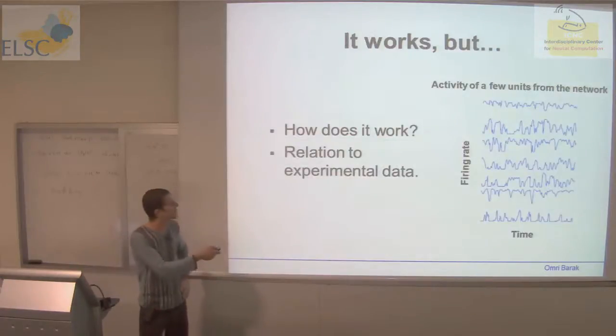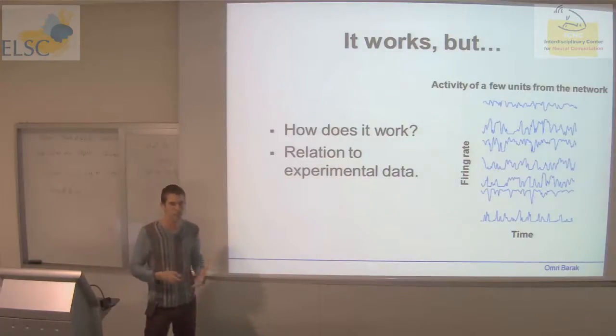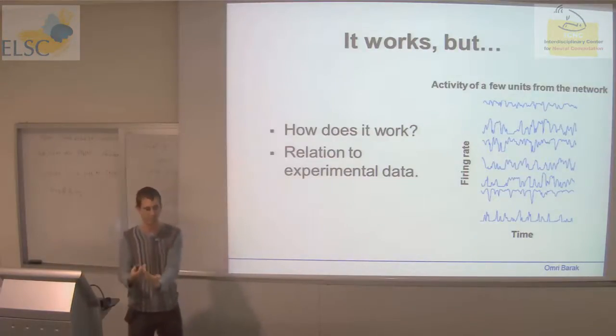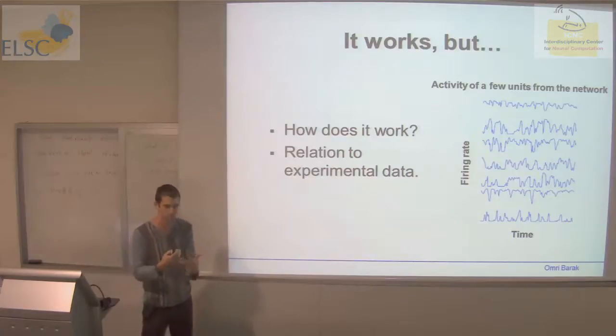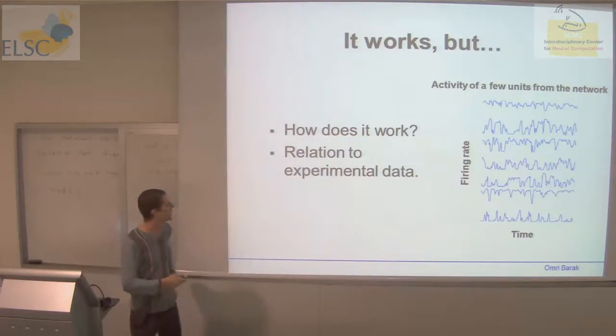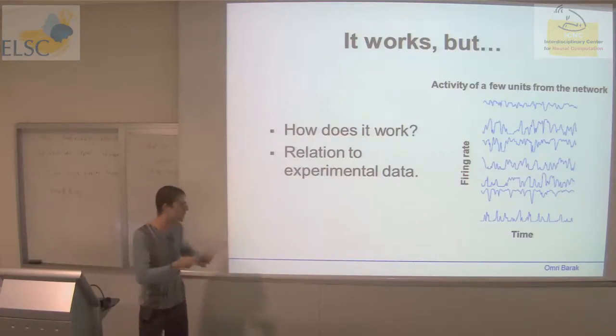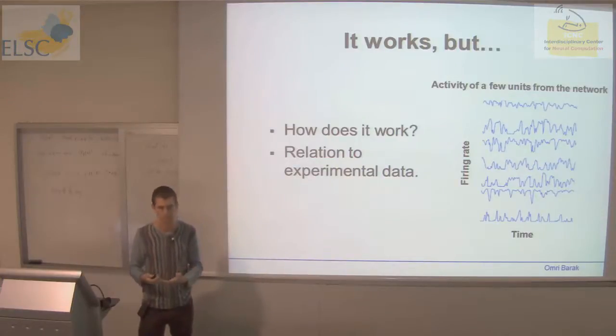And when you look at the activity of single neurons in this network, it looks a bit like a mess, which is, of course, what the network was designed to be. It was designed to see how a disordered network can solve problems. And in this specific example, I was able to understand how the network solves this task.